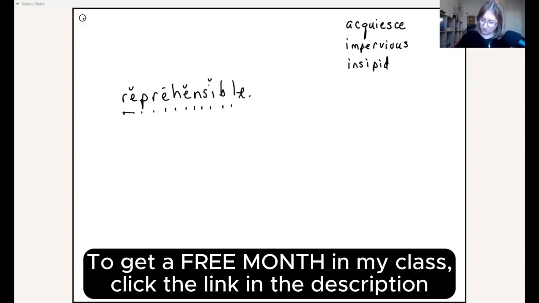I'm going to spell this one into syllables. So if we break this word into syllables, and you can tell how many syllables there are in a word by how many vowels there are that don't touch. We have 1, 2, 3, 4, 5. 5-syllable word.